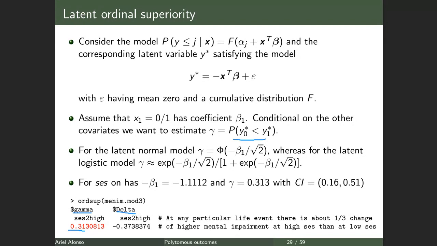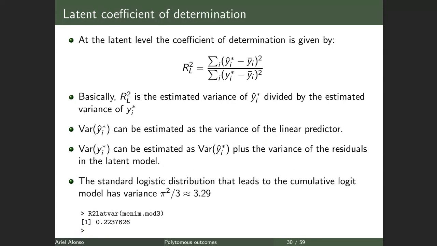I don't remember. You can look at it in the R help for the function, but this is the one that is mostly used, and it has this nice interpretation. It is the probability that individuals in group one will have a larger outcome at the latent level than individuals in group zero. And in this case, it's 30%. So people in the high class have a 30% chance of having a mental impairment than the other individuals.